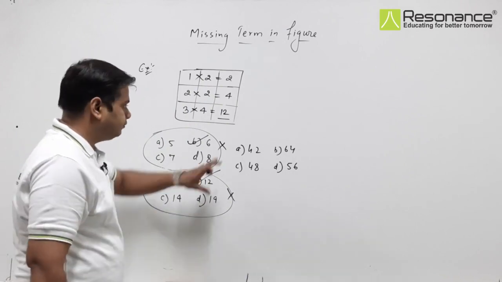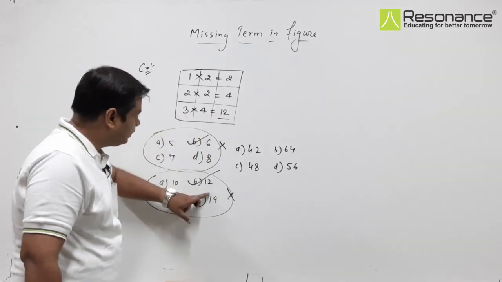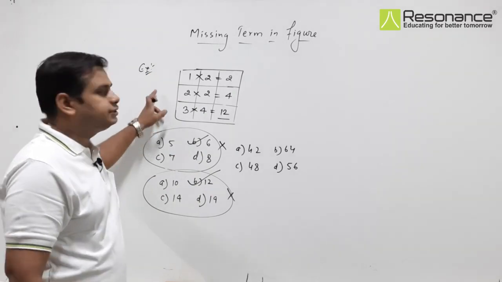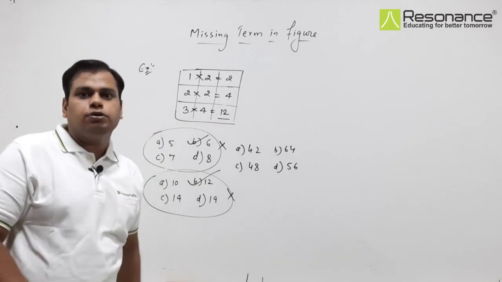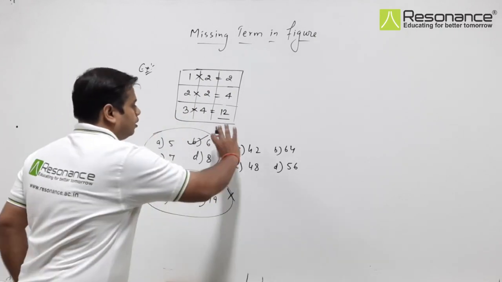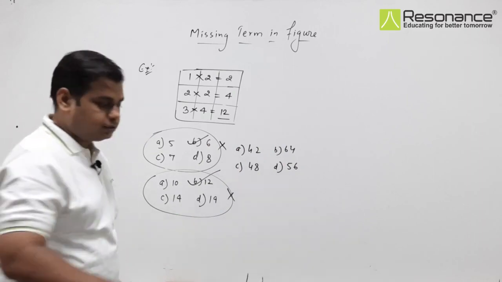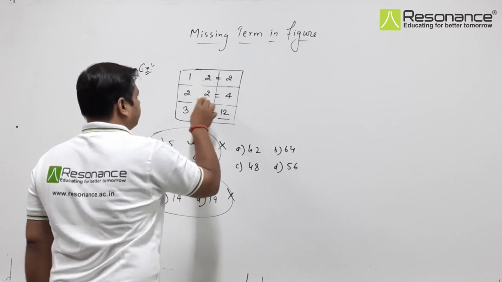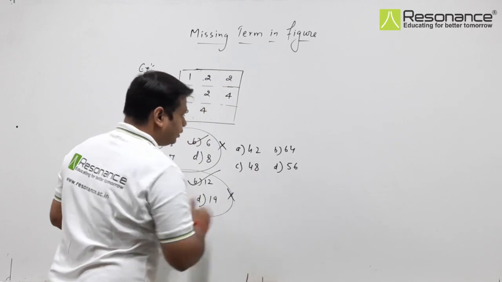Now again we have changed the options. Now 6 is not the answer, 12 is not the answer. That means the first and second logic we have done, first column wise, second row wise, both are not applying for these options. So we have to think of another logic, a completely different logic, to find the answer according to the given options.